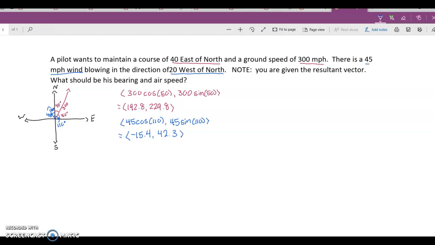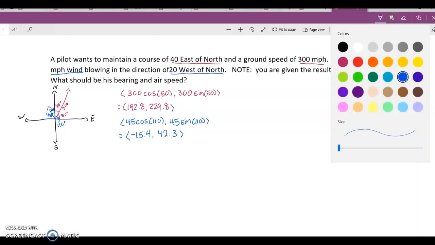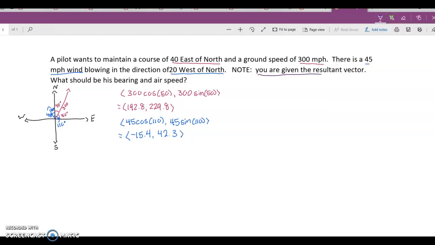Now, like it says in our problem, we are given the resultant vector. So that is the vector that we get when we find the sum of the wind vector and the vector that the pilot has set his course at.